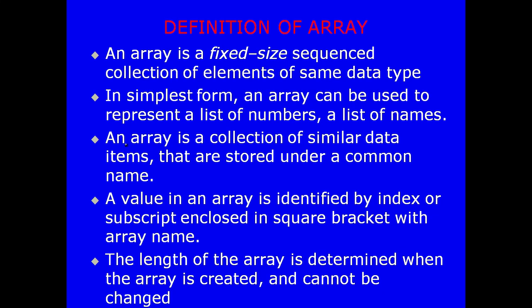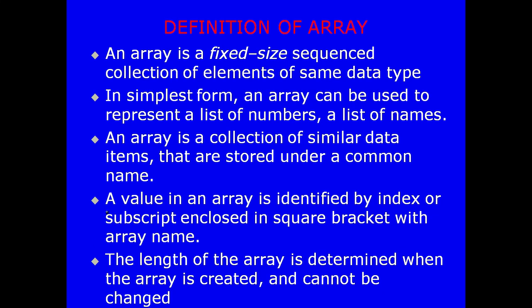So, you are going to implement the list using an array. Before that, you simply have to know what an array is. Everyone knows an array is a fixed size sequenced collection of elements of the same data type. In its simplest form, an array can be used to represent a list of numbers or a list of names.